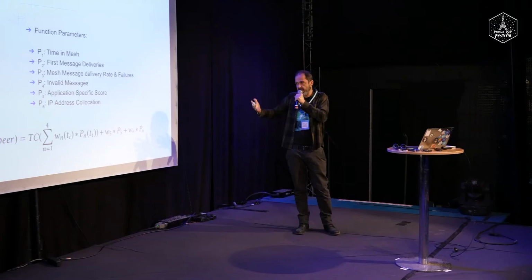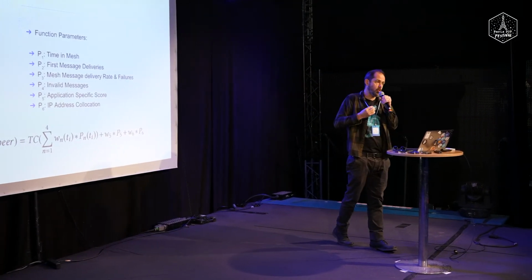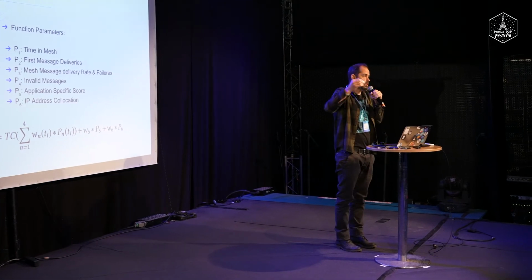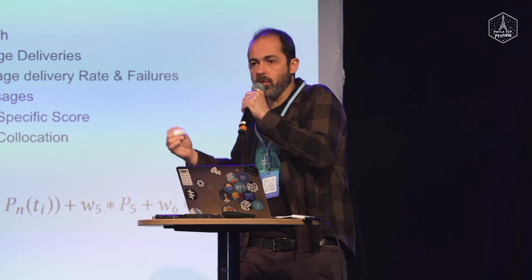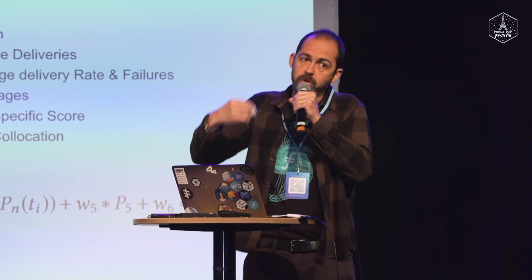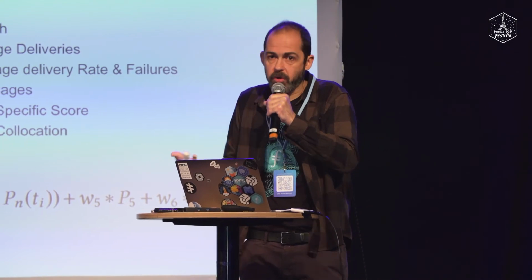So simplistically, this is the score function. Every peer is keeping a score for every other peer it is connected to, right? This is a little bit important to understand: scores of peers are not shared between peers. So this is not a reputation system.